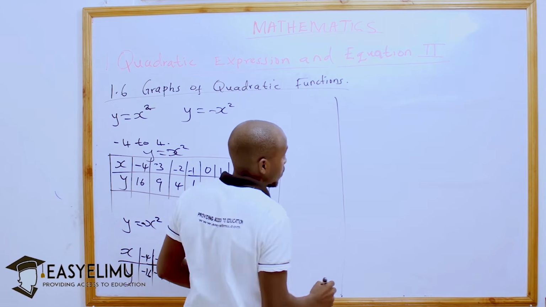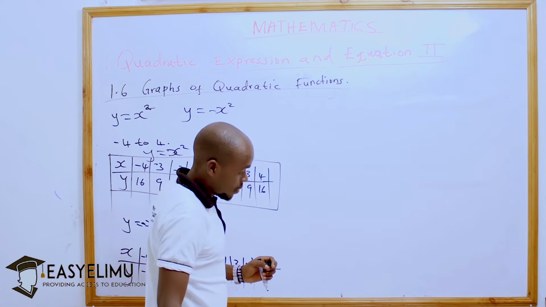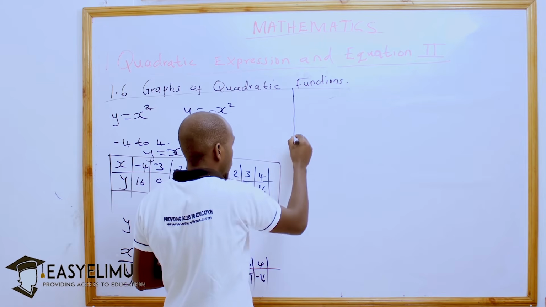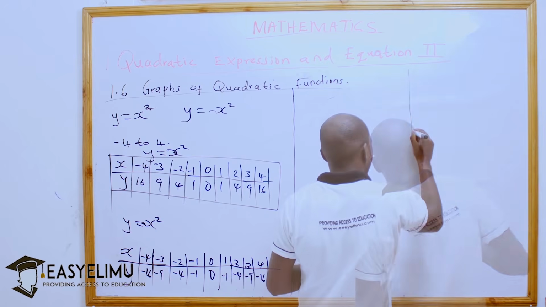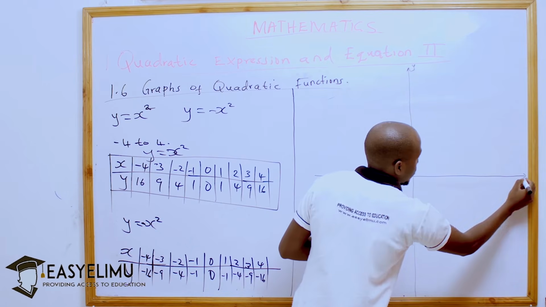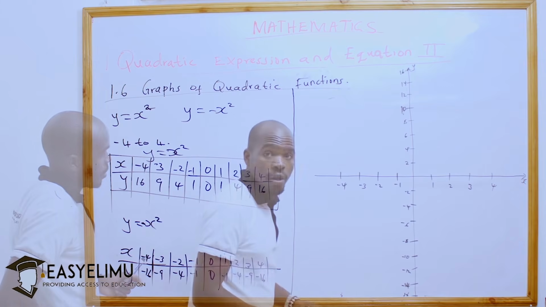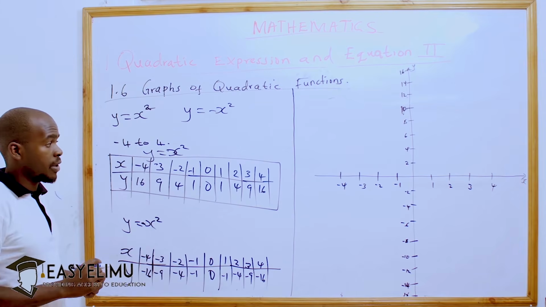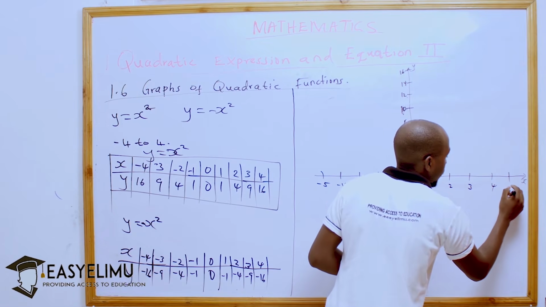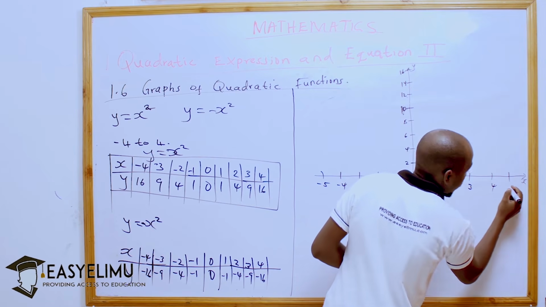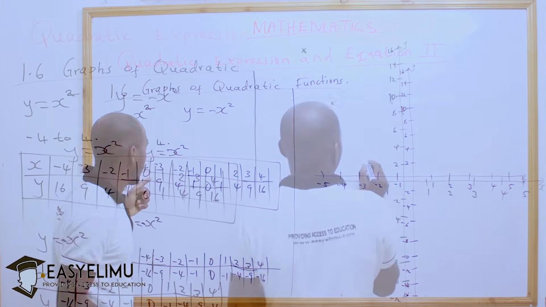Let's take a Cartesian plane here. I'm going to draw them here. Now, having that Cartesian plane, we can draw the graphs of those two corresponding quadratic functions.